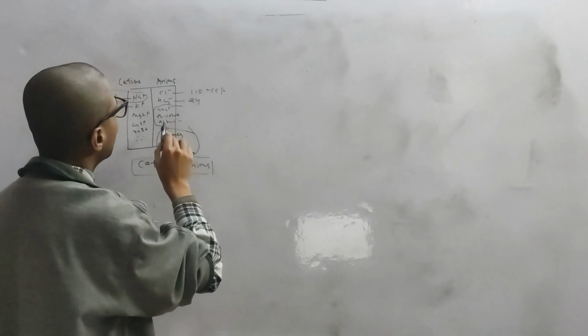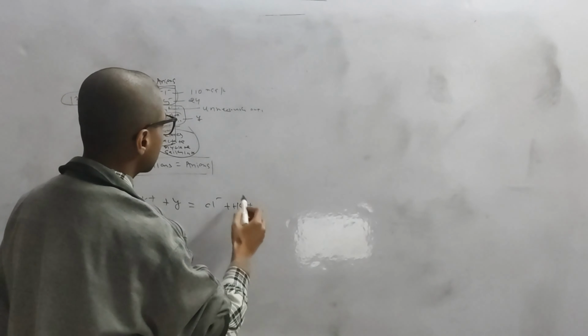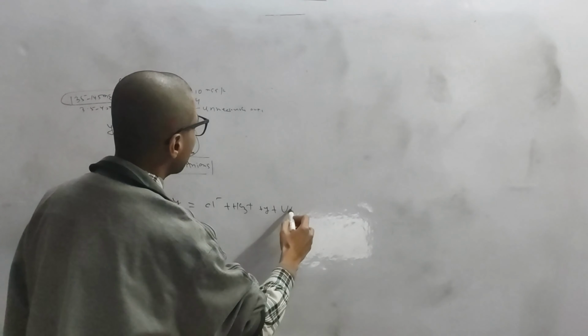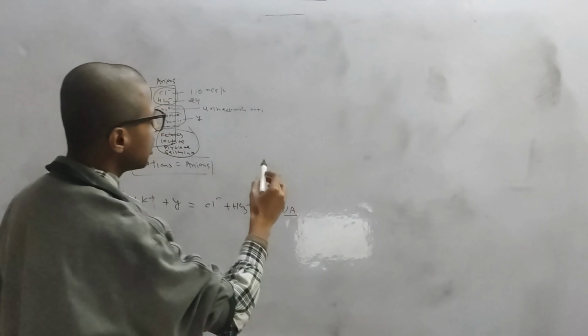So sodium plus potassium plus Y is the cations, and here chloride plus bicarbonate plus the measurable anions plus the unmeasurable anions.